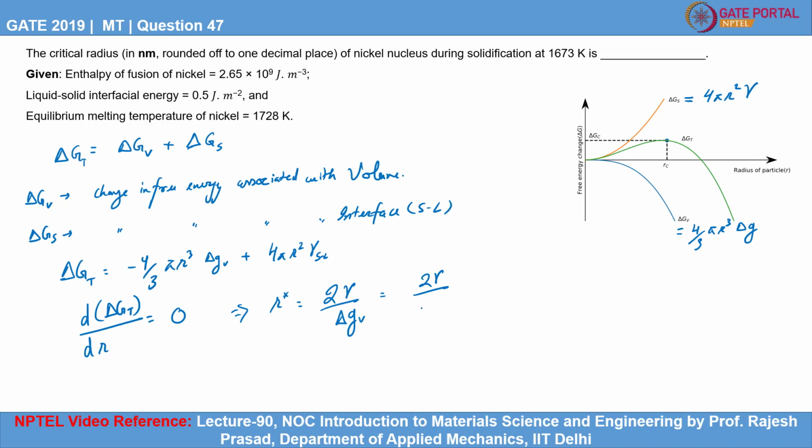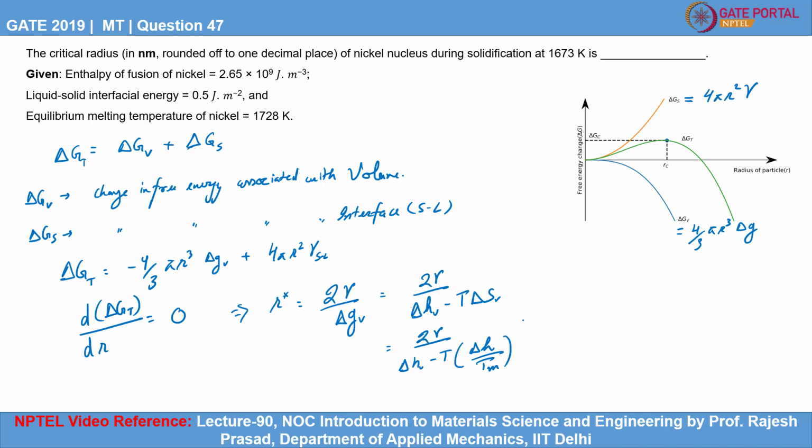Now upon further solving this equation, we can further write delta Gv can be written as delta Hv minus T delta S. Also it can be written as delta Hv minus T. What is delta S? Delta S is nothing but delta Hv upon melting temperature.